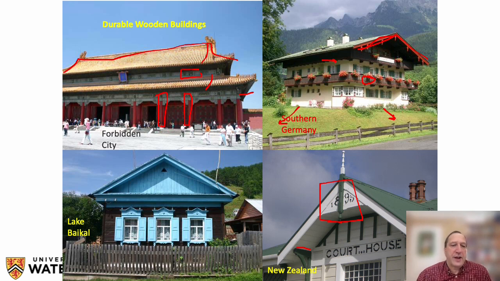And this is just another example from Lake Baikal in Russia area, and this is a traditional way of building their houses out of wood with lots of ornate details that act to shelter, to deflect wind-driven rain so that it doesn't cause a problem.